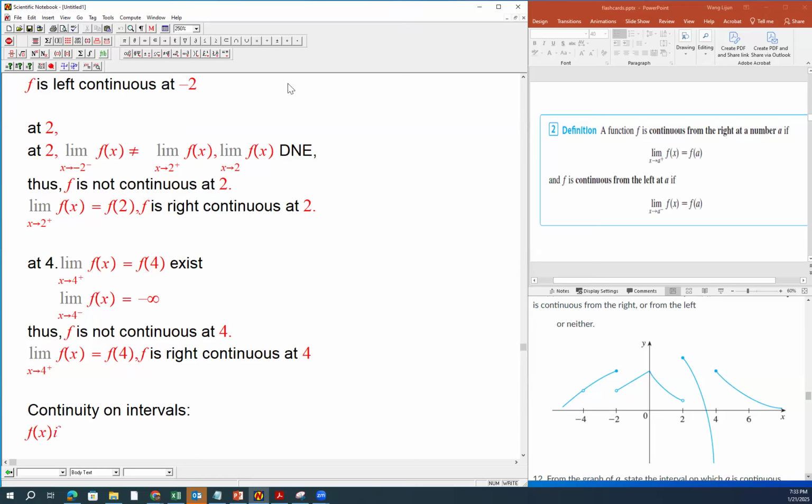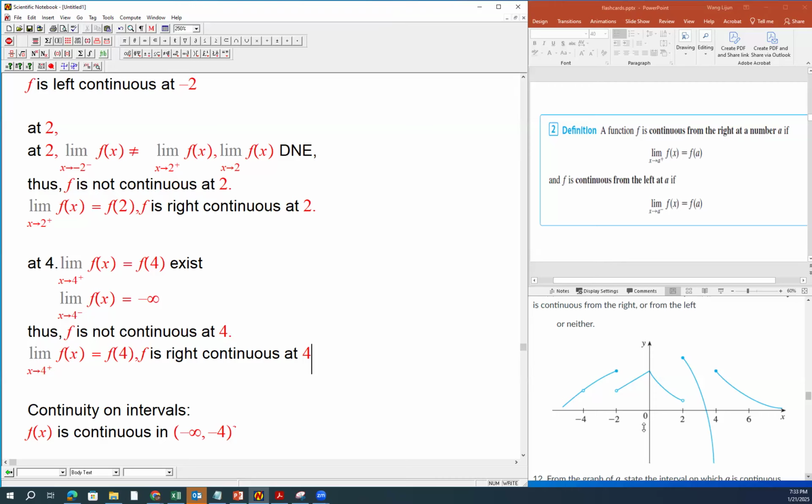is continuous from -infinity to -4, not including -4.